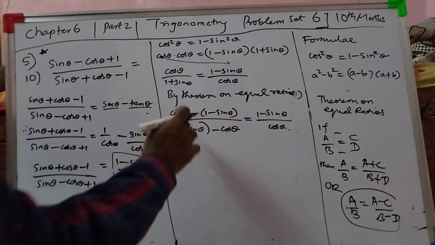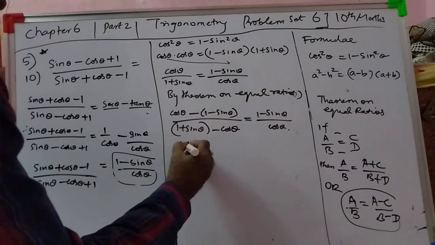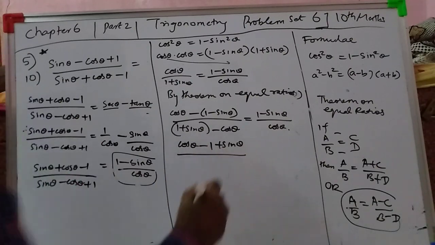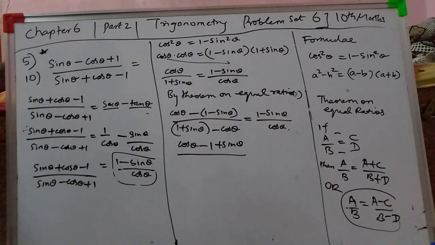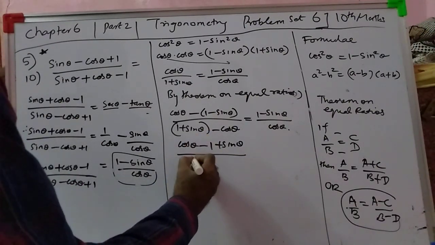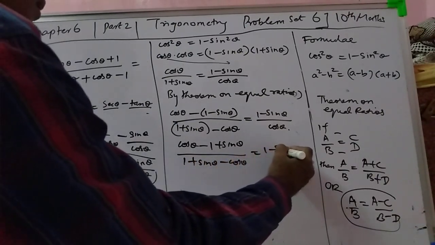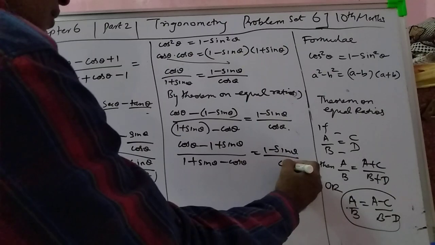Okay. So now expand it. It will become cos theta minus 1 plus sin theta, and here we will get 1 plus sin theta minus cos theta, is 1 minus sin theta upon cos theta.